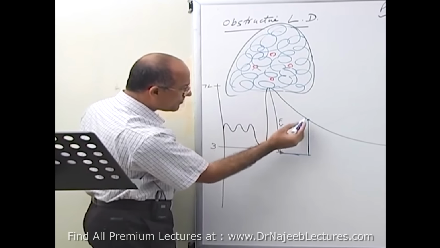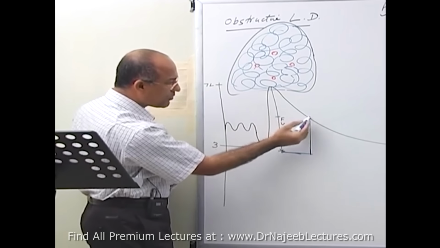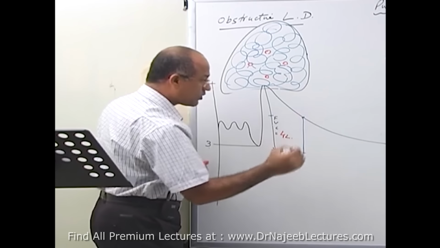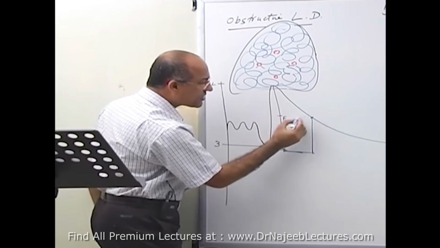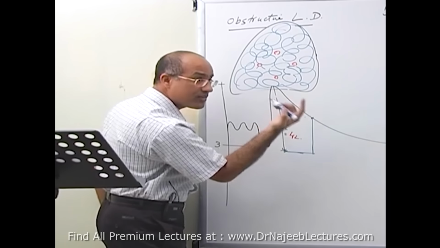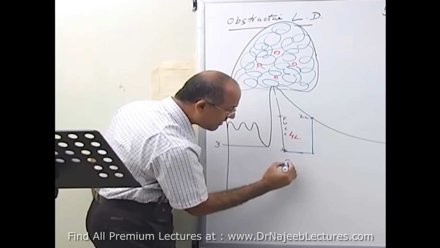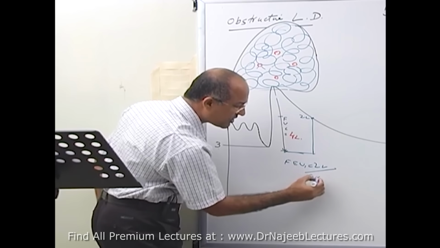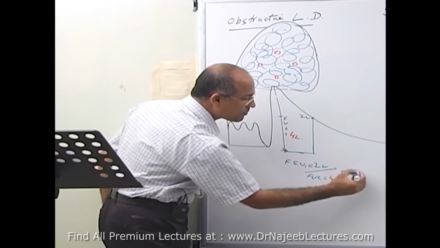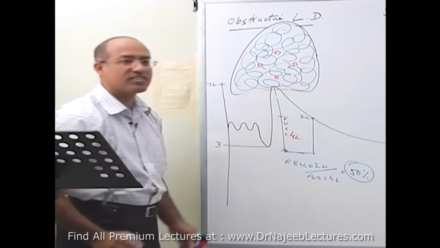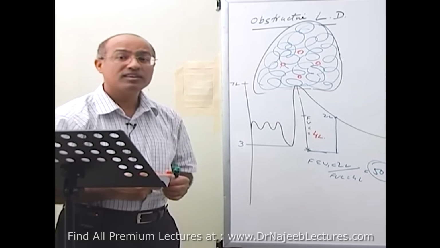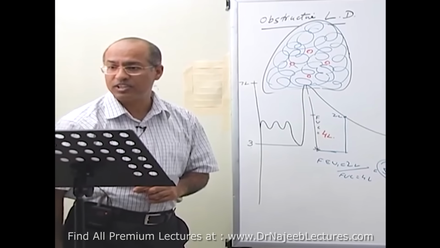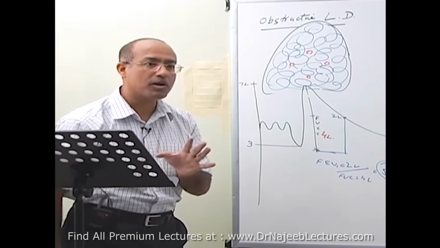Out of 4, half came during the first second and the remaining half was still in. So out of 4 liters, 2 liters really came out during the first second. So FEV1 is 2 liters divided by FVC equal to 4 liters, 50%. When this ratio is less than 70%, you should suspect obstruction, and it is of course far less than 70%. Am I clear? No problem here.